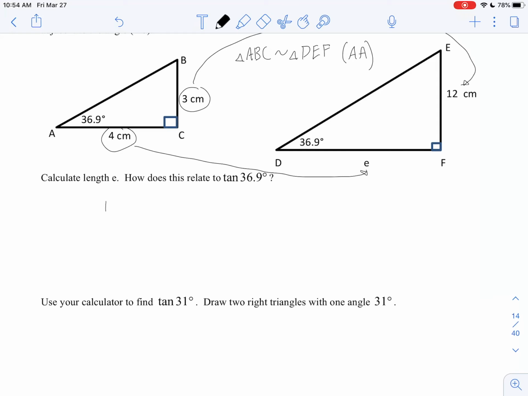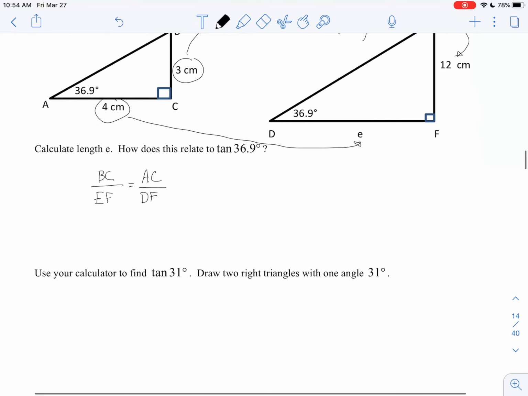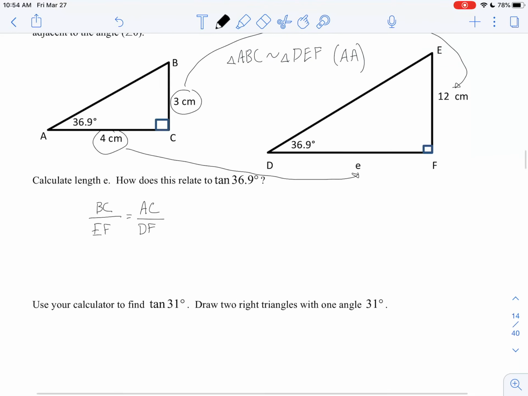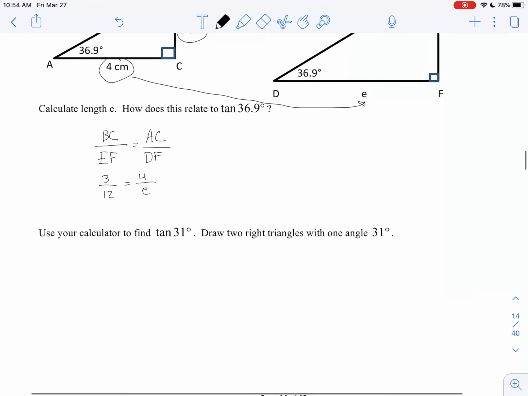The ratio of BC to EF needs to be the same as the ratio of AC to DF. BC being 3, EF being 12, equals AC being 4, and DF being E, our unknown.